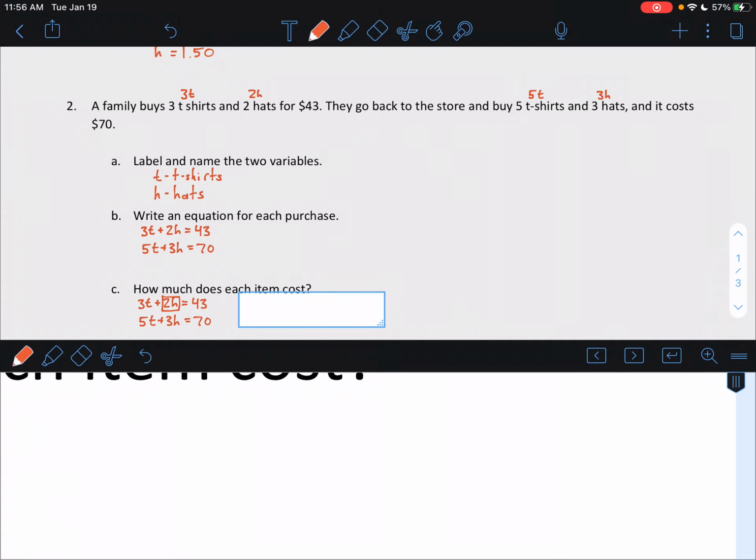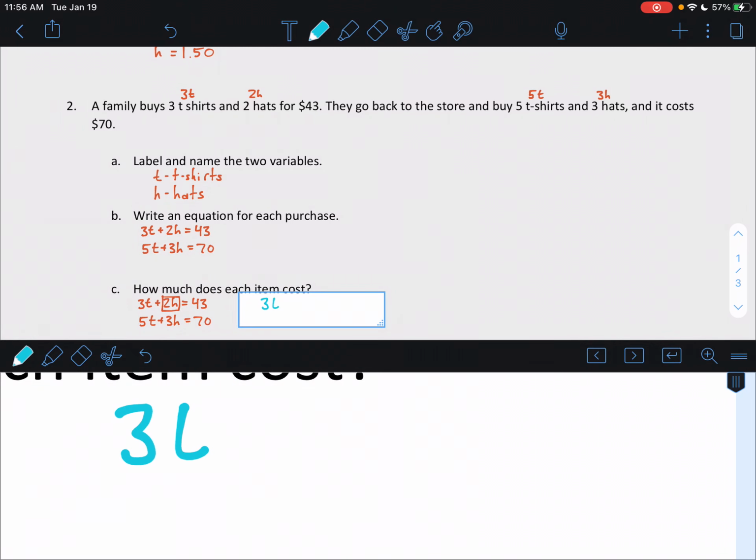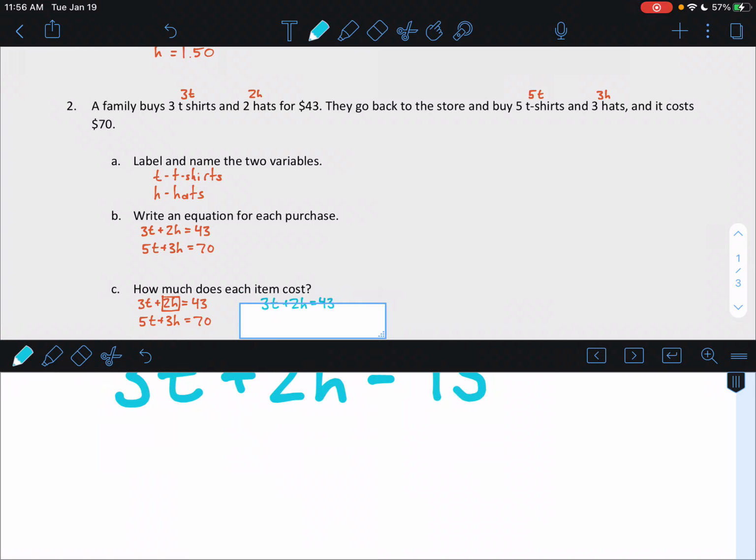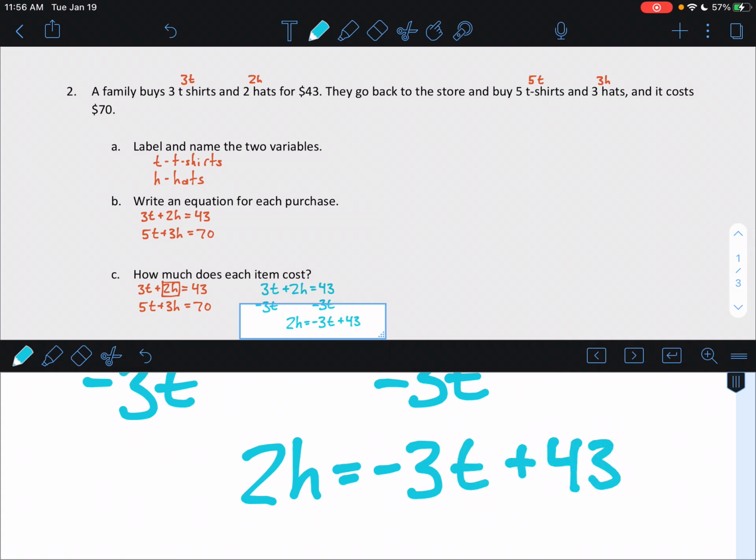So I'm going to bring my first equation over. So I'll write it in a different color. I have 3t plus 2h equals 43. I'm going to subtract that 3t from both sides, and I get 2h equals negative 3t plus 43.